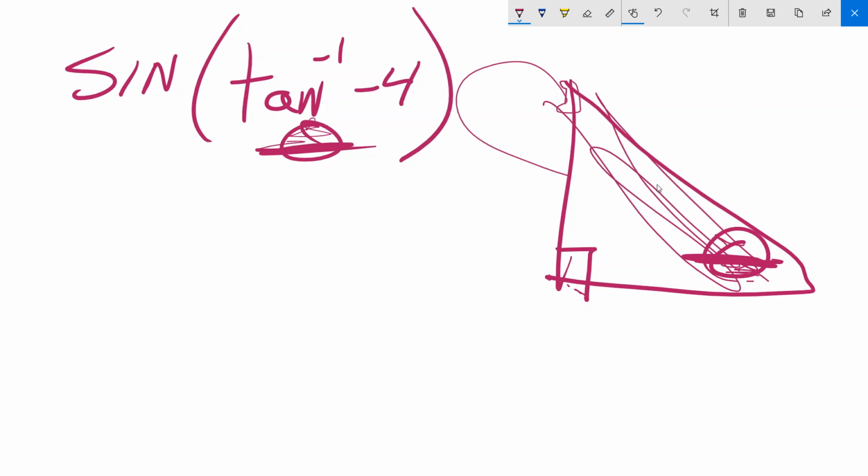Forget the sine for a moment. By that, I don't mean the SIN, I mean the negative 4. Just pretend it's 4 for a second. Tell me what is 1 and what is 4. The base or the height?